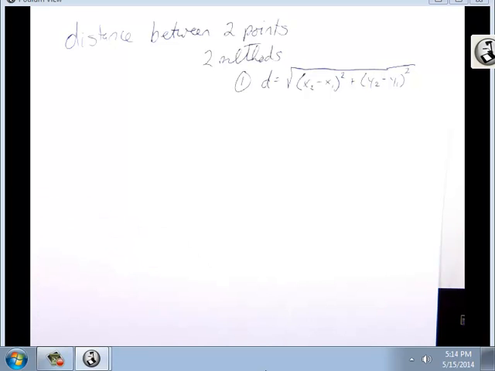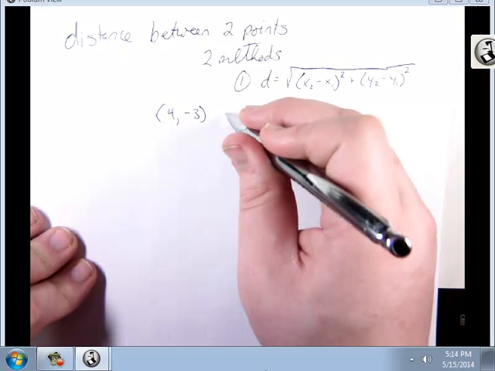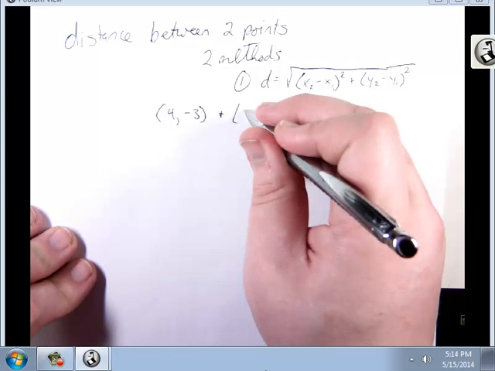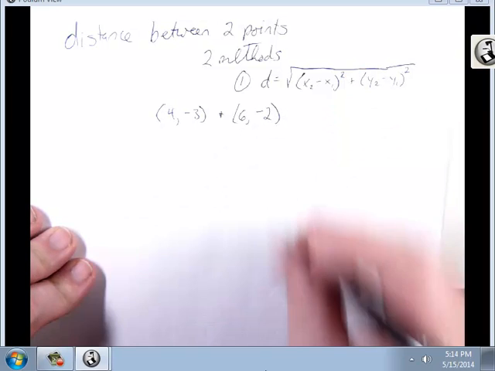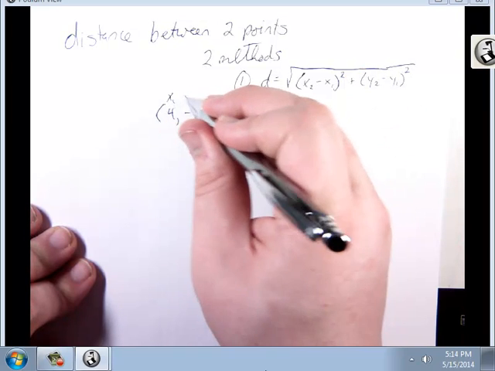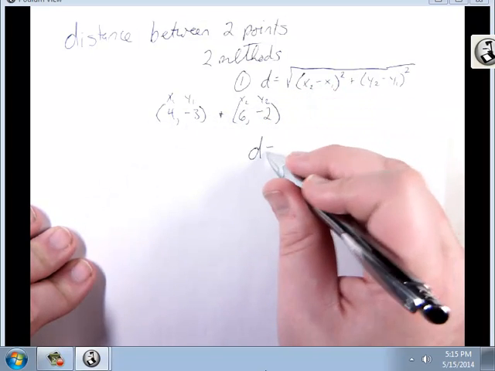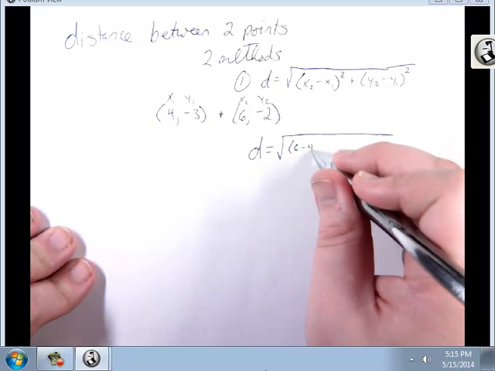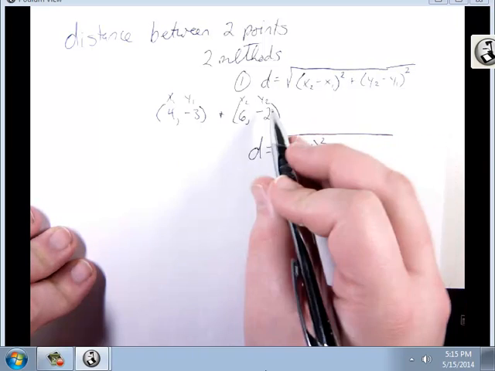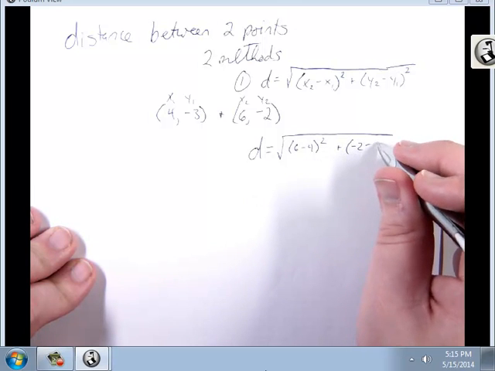So let's say we had (4, -3) and (6, -2). Well, this is x1, y1. This is x2, y2. Distance would be square root of 6 minus 4 squared plus negative 2 minus negative 3 squared.